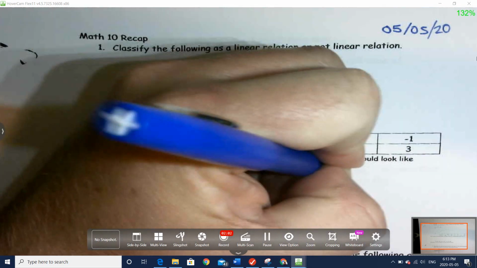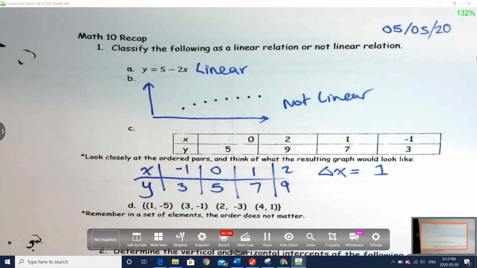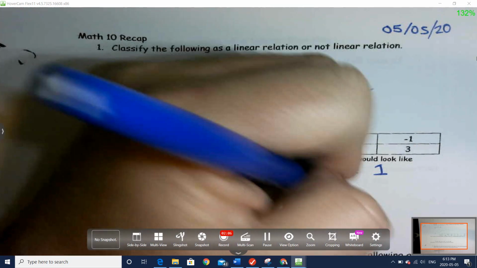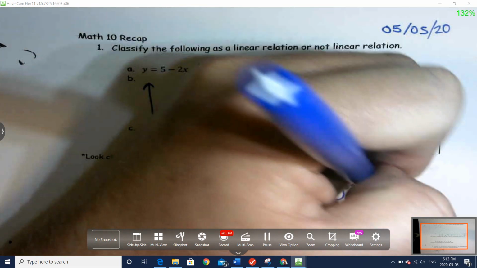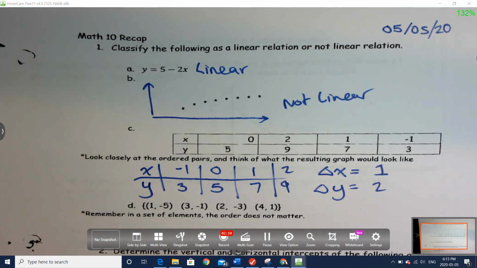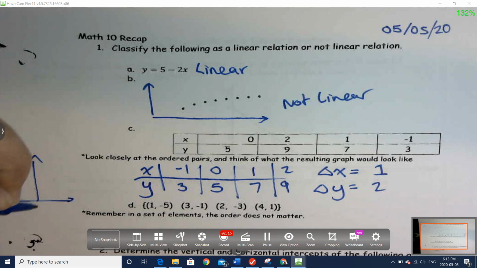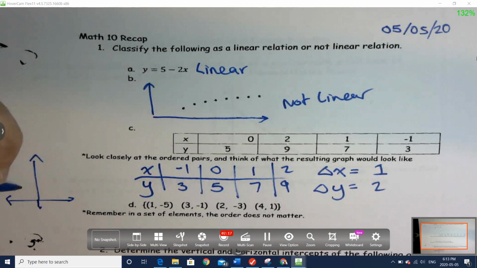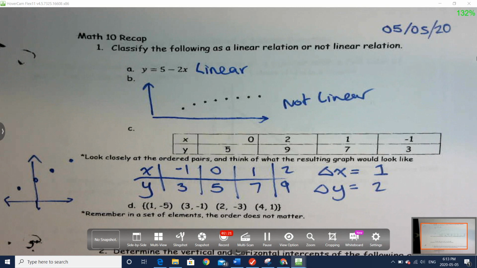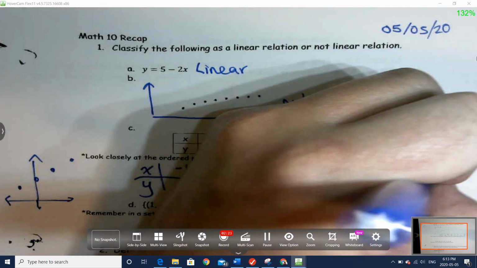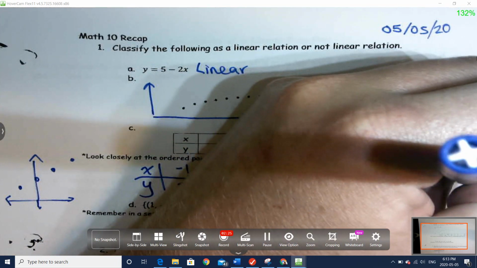The change in each x value is an increase of +1, and the change in the y is +2. If I were to graphically represent that one, I could sketch it to the side here and see that it would in fact look like a constant increase. So this one, from that evidence, is linear.